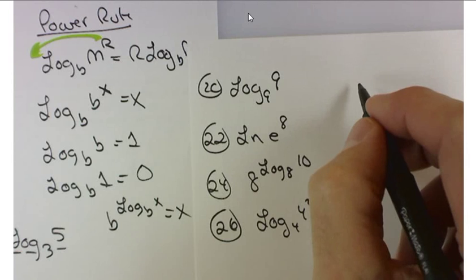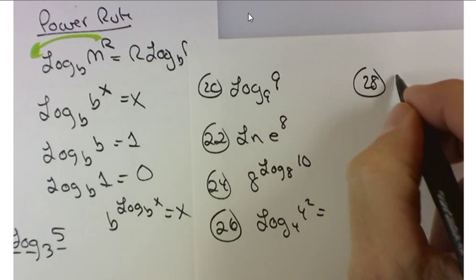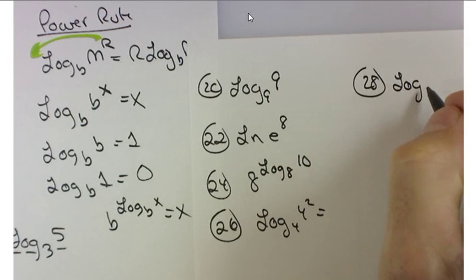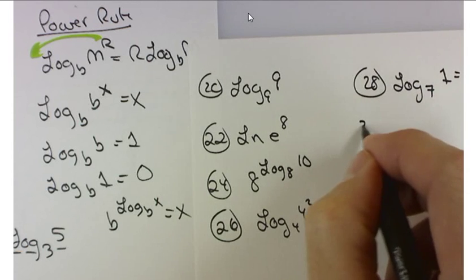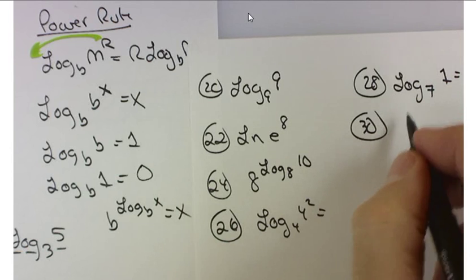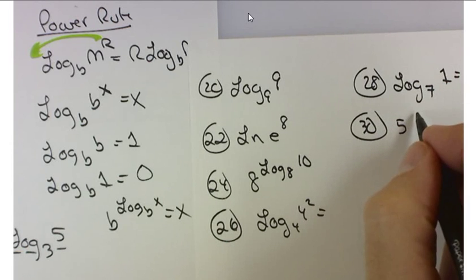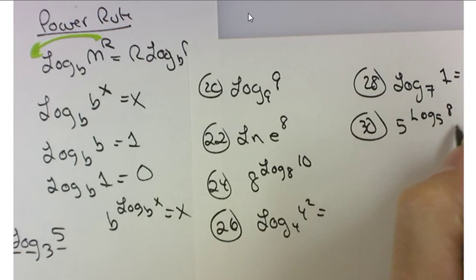Problem 28, log base 7 of 1. And last but not least, problem number 30, 5 to the log base 5 of 8.